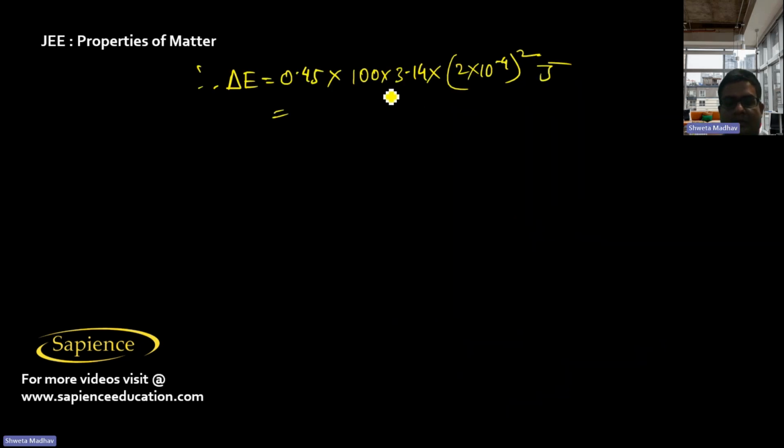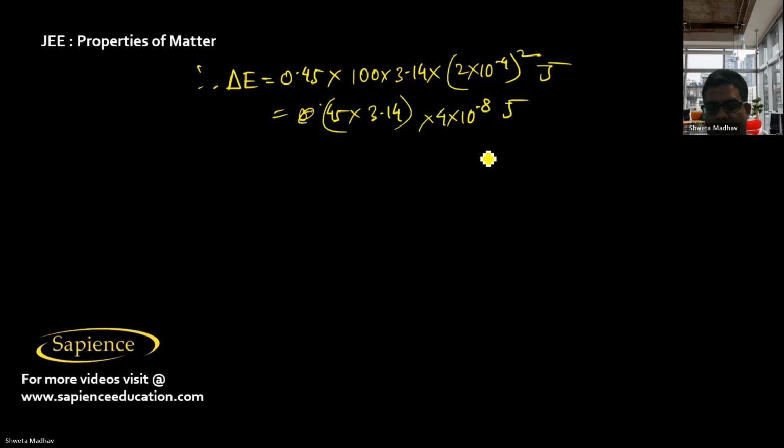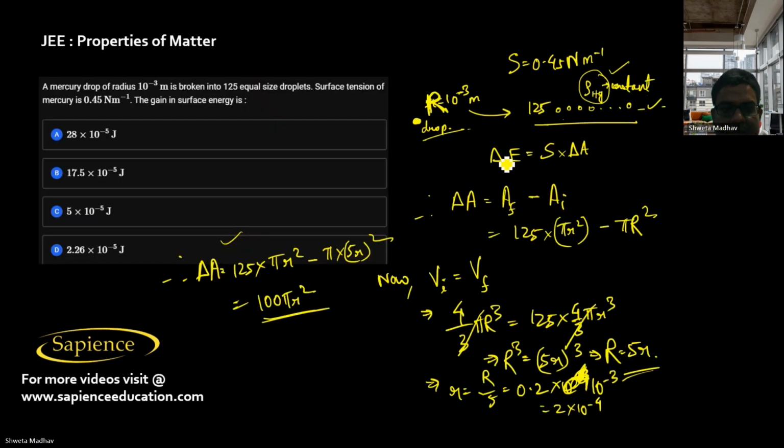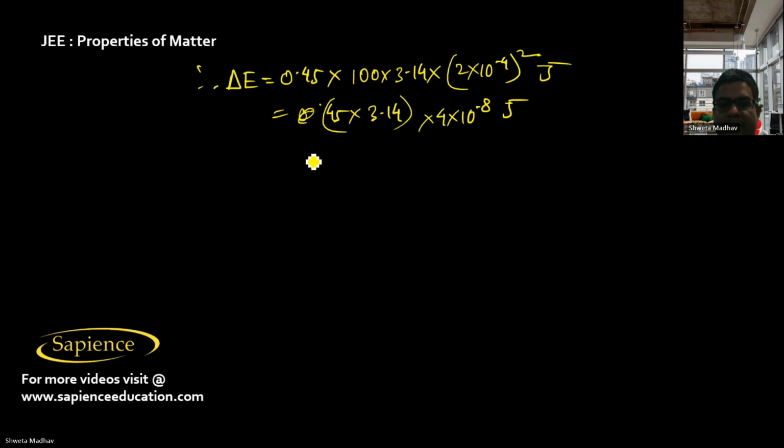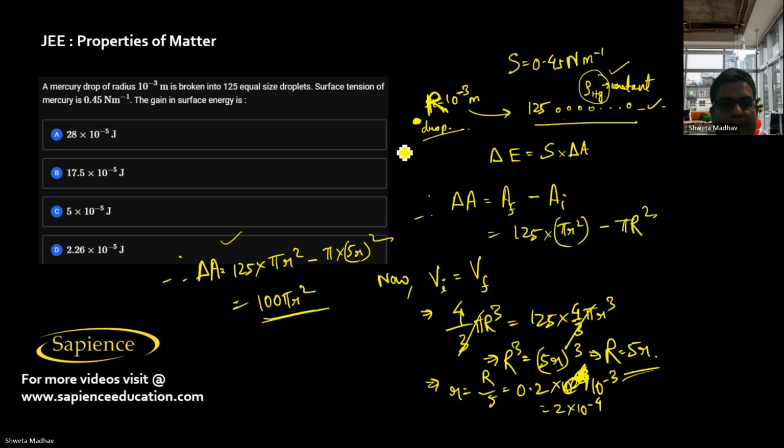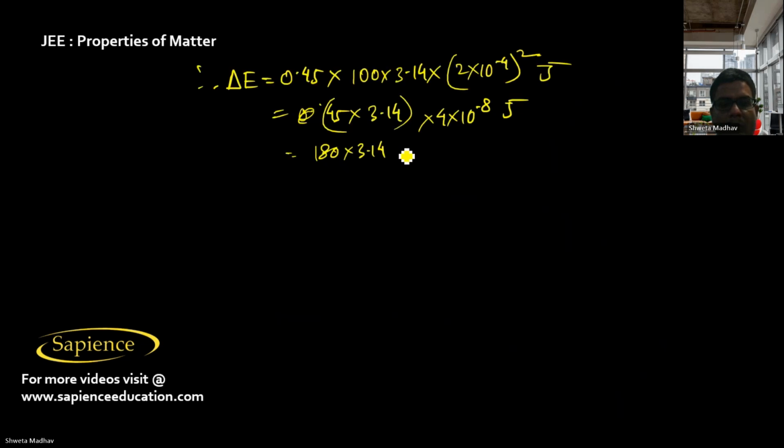So this will be 45 into 3.14 into 4 into 10 power minus 8 joule. So 4 fives are 20, so it is 180 into 3.14 into 10 power minus 8 joule.